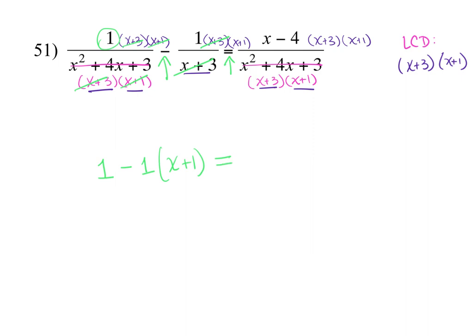In this last group, all of it canceled. I have just the x minus 4 left. And I have a pretty basic equation to solve here. I have a 1. Distribute that negative 1 all the way through. Minus x minus 1 equals x minus 4.